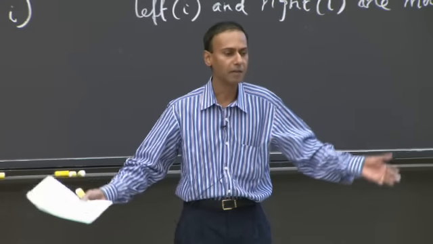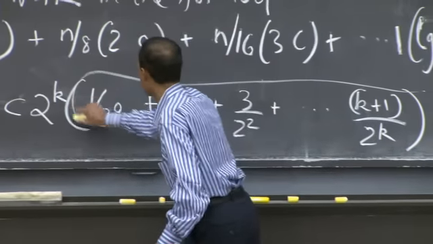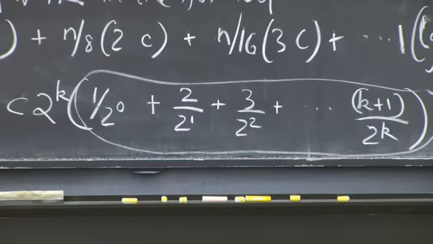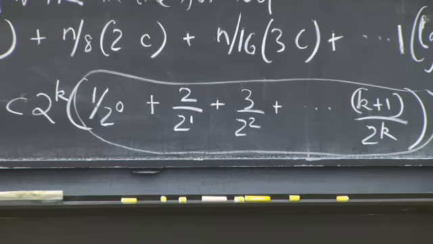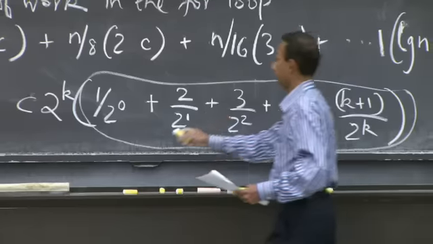This is a convergent series, and we can argue about what that constant is. It's less than 3. It doesn't matter if k is small or k is large. This is bounded by a constant.